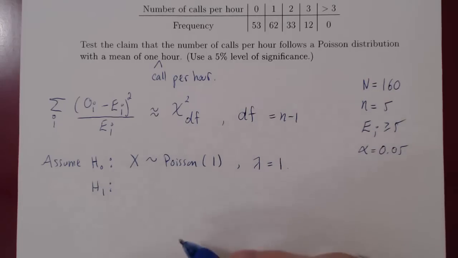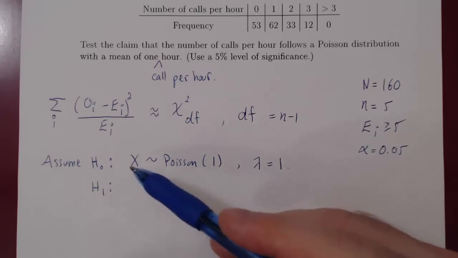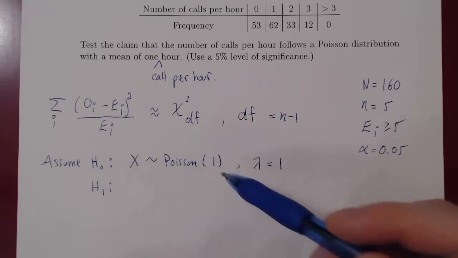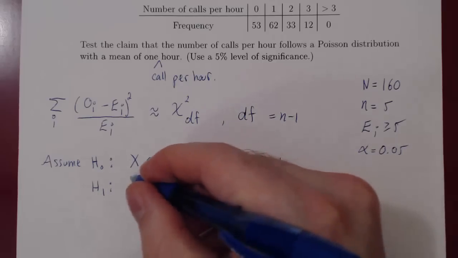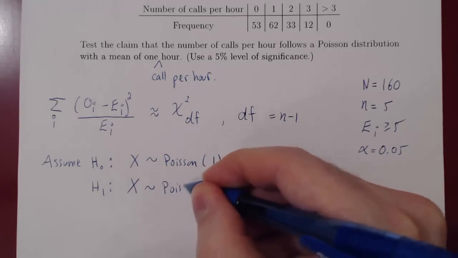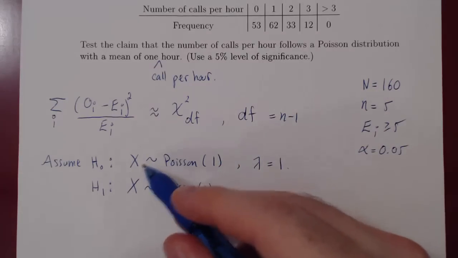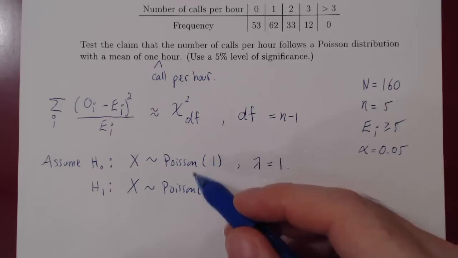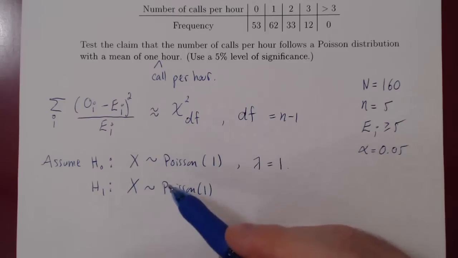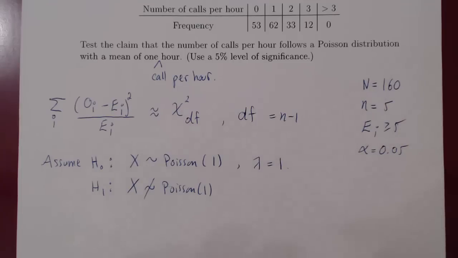Now what is h1? Well, it's simply the negation of this. Either x follows a Poisson distribution with a mean of 1, or it doesn't. We simply write x Poisson. If you remember, this means that x follows this distribution. If you want to say x does not follow this distribution, you simply put a slash across this symbol.